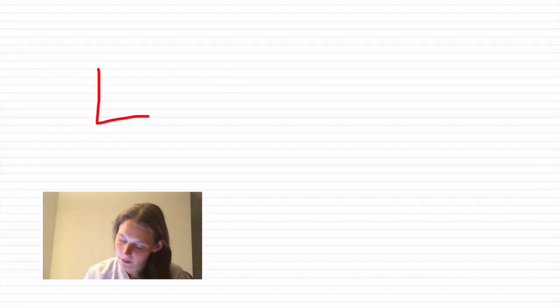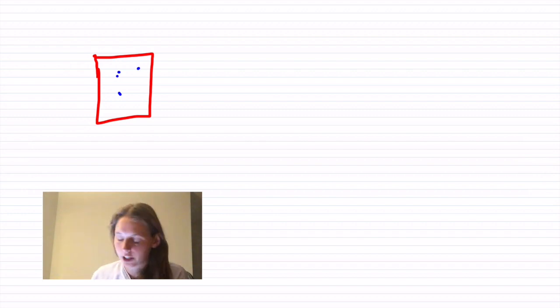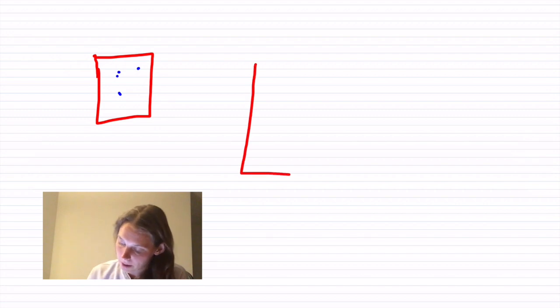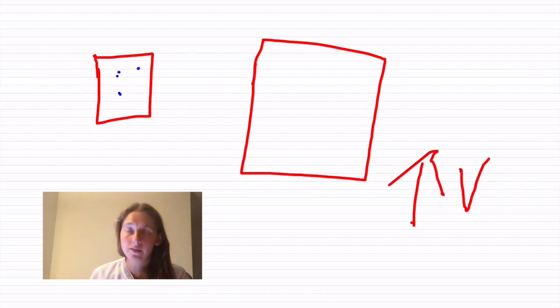All right, let's say we have a box, and inside that box are a bunch of molecules floating around. Let's say we have 4 little atoms or molecules. And now let's expand the volume of that box. So the volume goes up, but we still have the same number of molecules at the same temperature, 4 molecules.